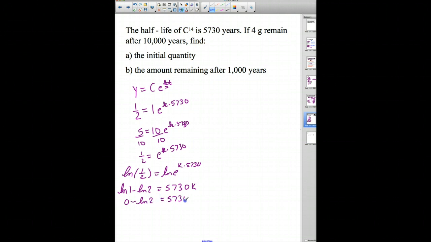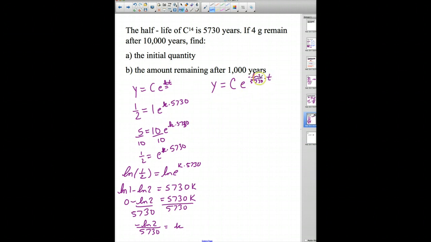And I'm going to divide the right side by 5,730 and also on the left side. So I have negative natural log of 2 over 5,730 equals k. So now my equation, y equals c times e to the negative natural log of 2 over 5,730 times t.